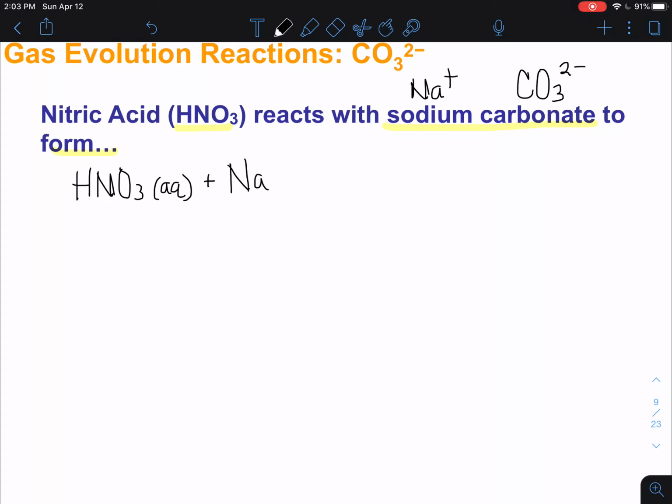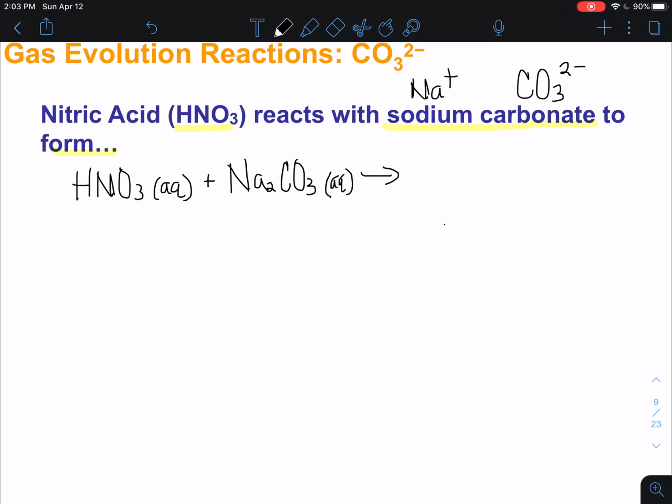So we are going to need 2 sodiums for every 1 carbonate. And according to my solubility table, it should be soluble. Carbonates are usually not soluble, but when they're paired with lithium, sodium, or potassium, so a smaller cation, they're usually soluble. So I'm going to put AQ here.